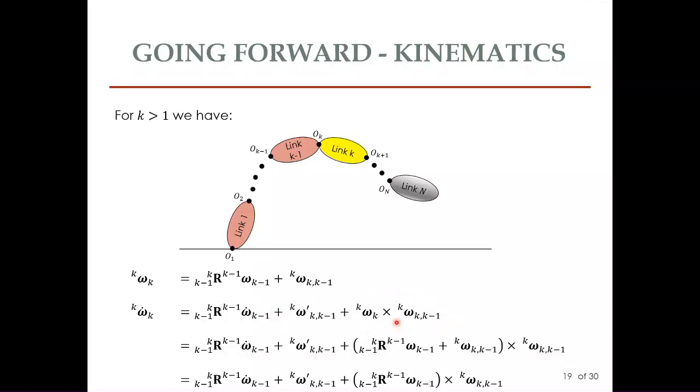And now what I'm doing, this cross product, this omega k, I can substitute this one that I already calculated. So this is the substitution. And what you see here is this component omega k relative to k minus 1, part of it. So I will get it cancelled when I cross them.